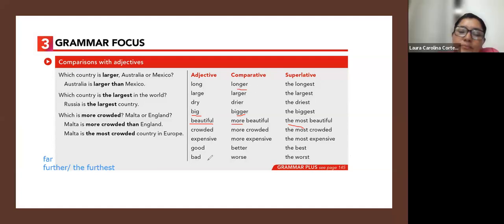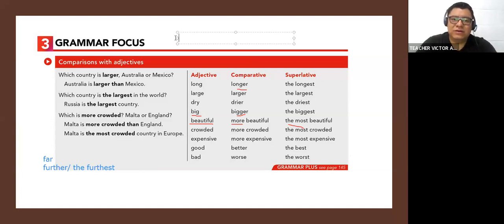Longer. Okay, so that's why it's important that we don't mix them, right? Imagine if I say, let's say this class is more easy than, I don't know, than the math, for example.